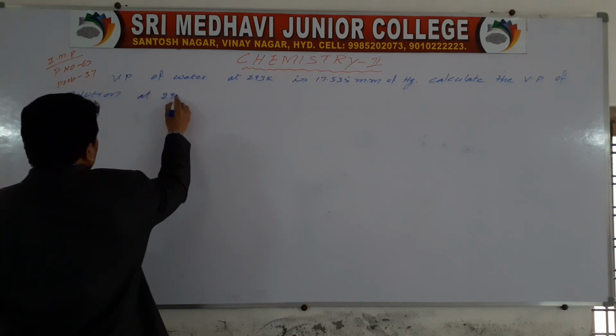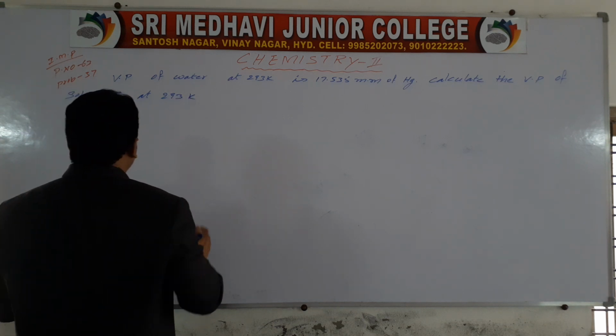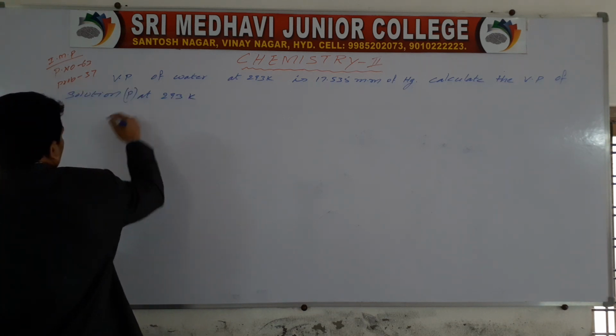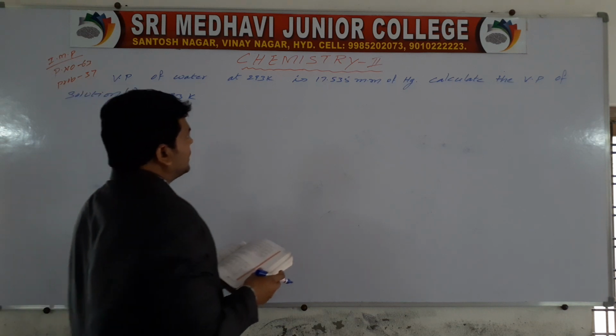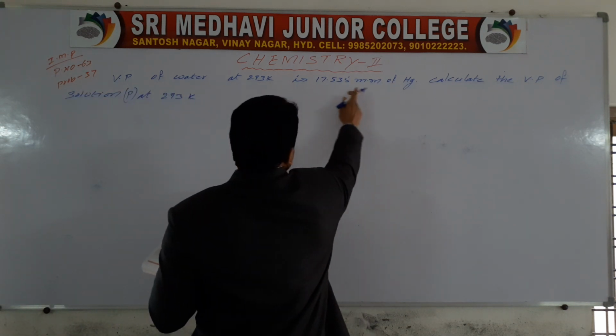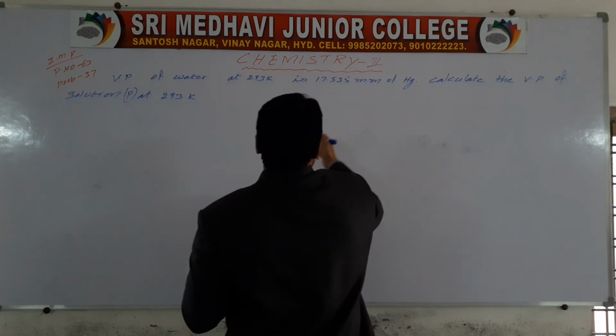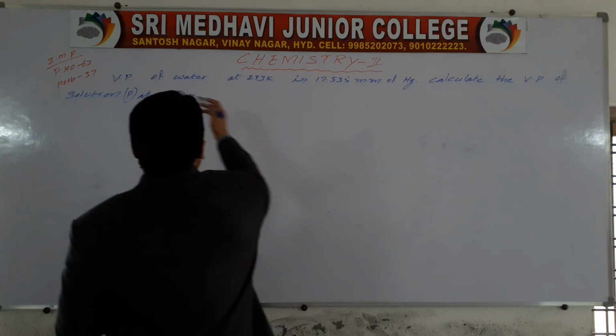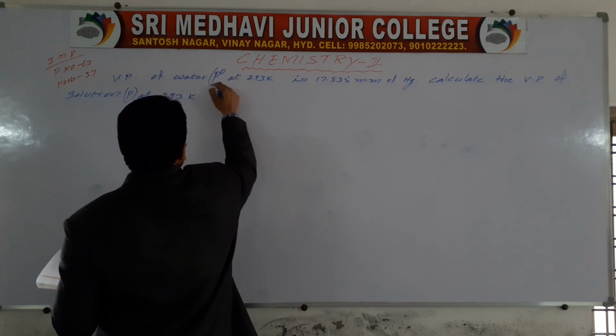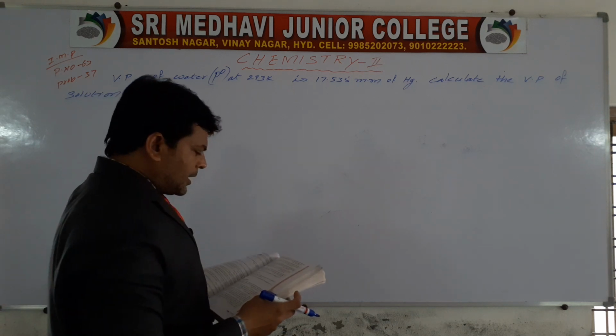At 293 kelvins means P we have to calculate. The vapor pressure of water is P naught, and P we have to calculate.